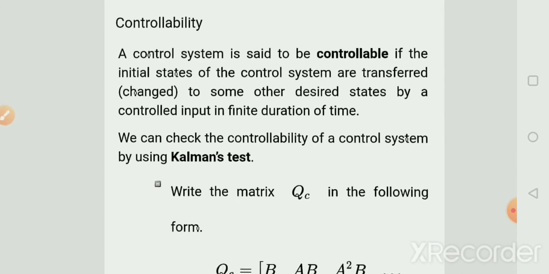Now what is controllability? A system is said to be controllable if the initial state of the control system can be transferred to some other desired state by the controlled input in a finite duration of time. Here this we can get by the Kalman test.